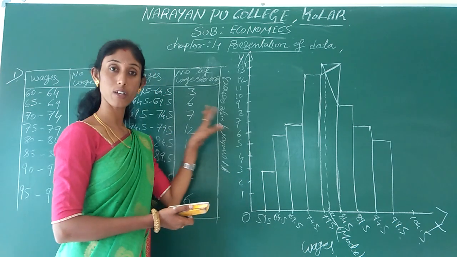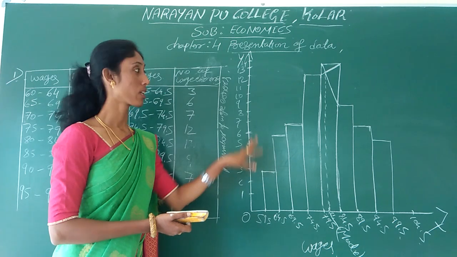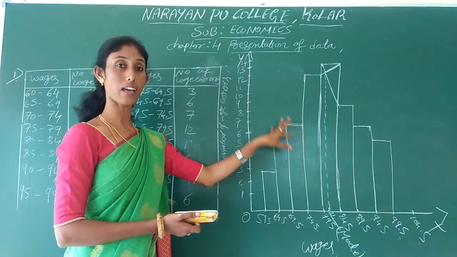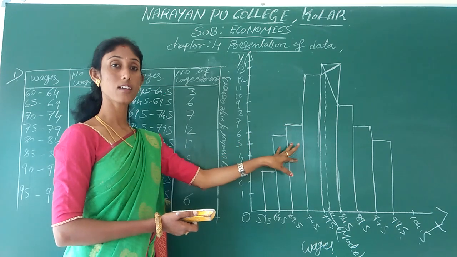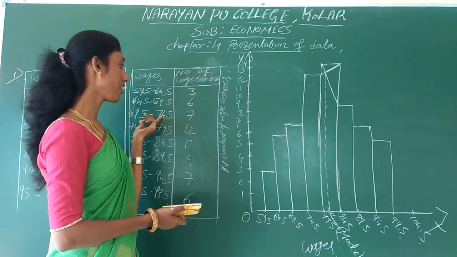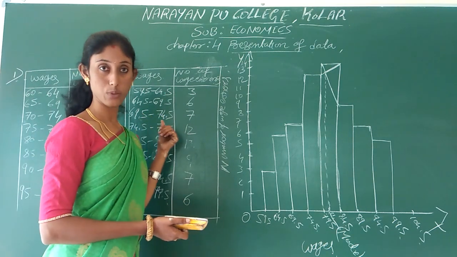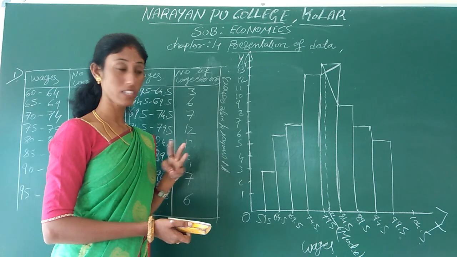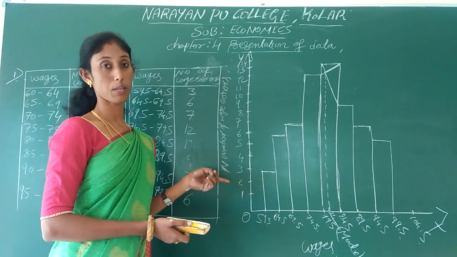Okay, I hope all of you understood the histogram, right? A histogram is a set of rectangles, and its height and width mainly depend on class frequencies and class width respectively. And it's a two-dimensional diagram, and I told you the features of this diagram, very important.